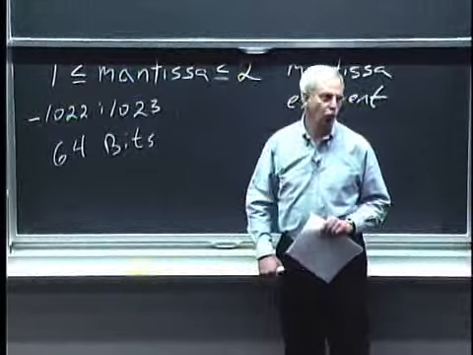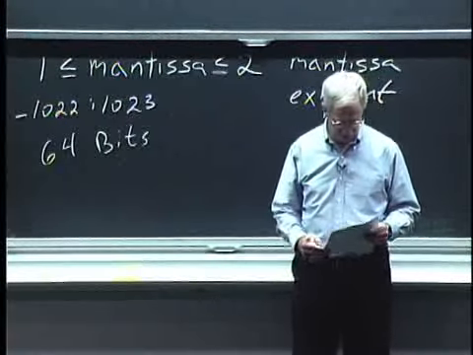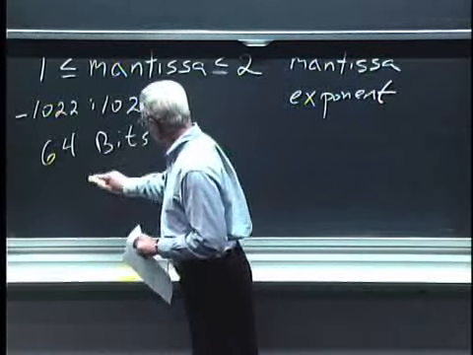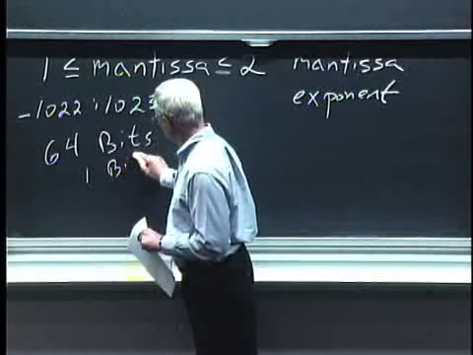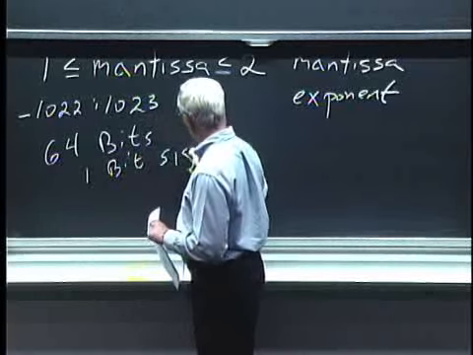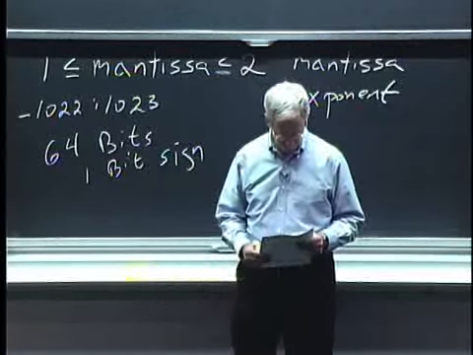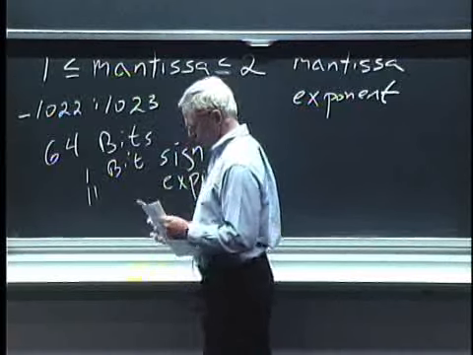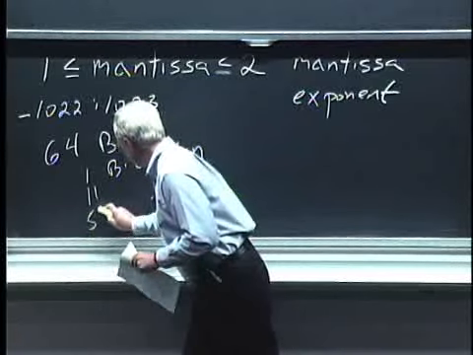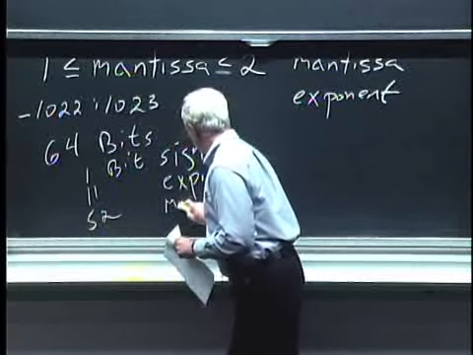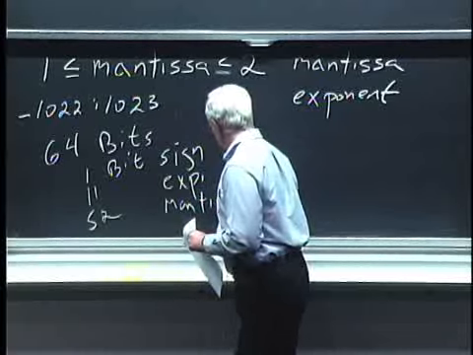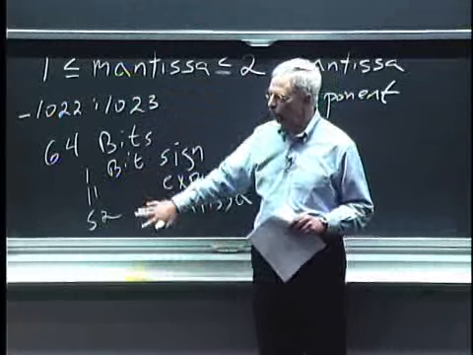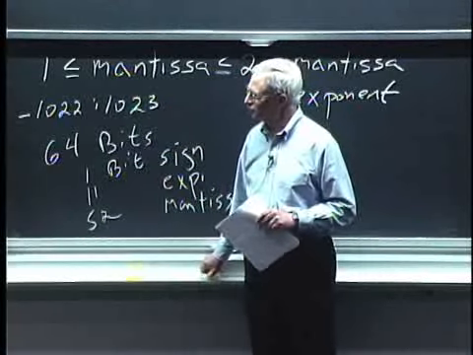But we've been at 64 for a while, and I think we'll be stuck at 64 for a while. So as we do this, we get 1 bit for the sign. Is it a positive or a negative number? 11 for the exponent. And that leaves 52 for the mantissa. And that basically tells us how we're storing numbers.